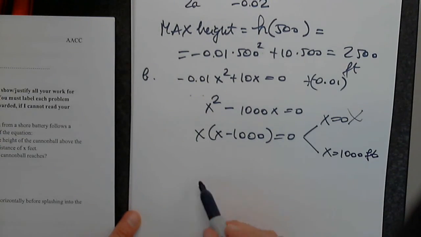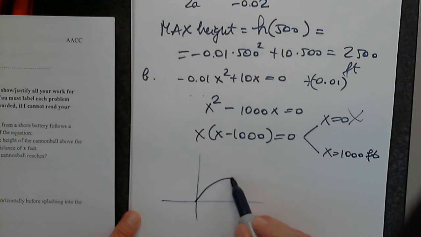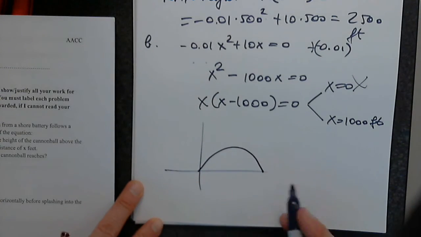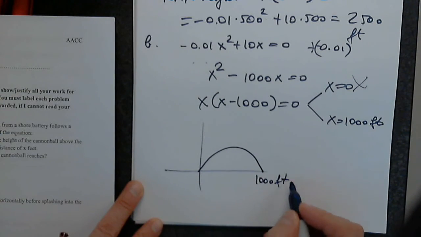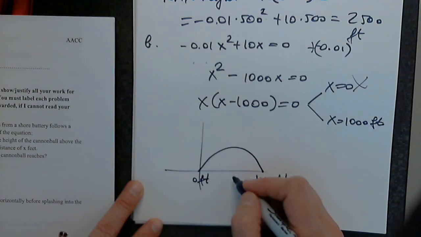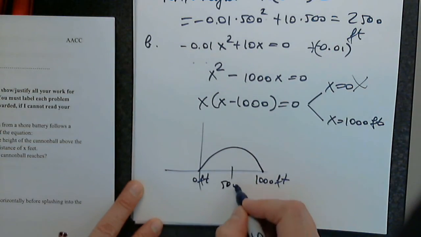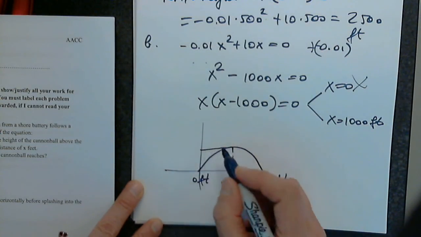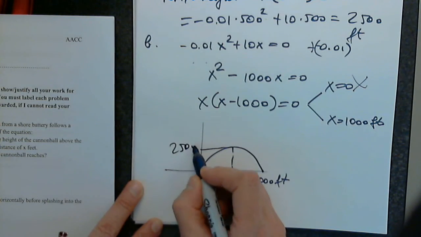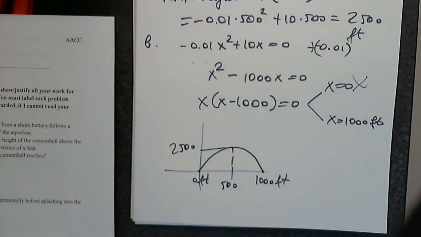In other words, it says this is 1,000 feet. This is 0 feet. And here I have 500, and the height is 2,500. So that's all it means. Are we comfortable with this?